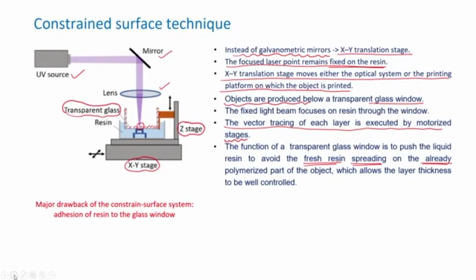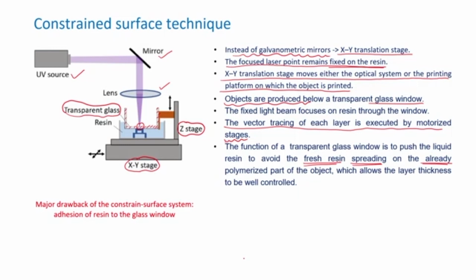However, this type of arrangement also has the problem of adhesion of the resin to the glass window. Here we are securing the polymerized surface from the liquid resin, but there is adhesion of the liquid resin with the glass, and due to that it is difficult to raise the transparent window properly in the upward direction, and that again creates certain problems.